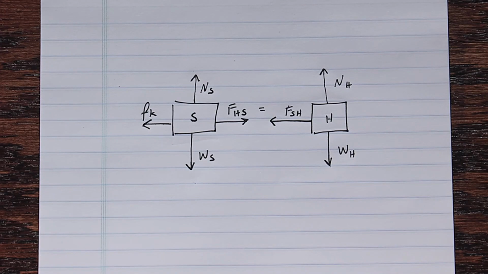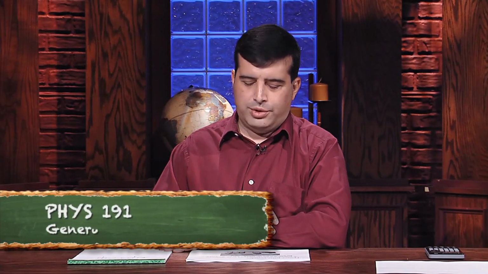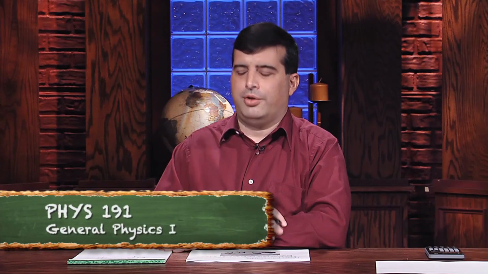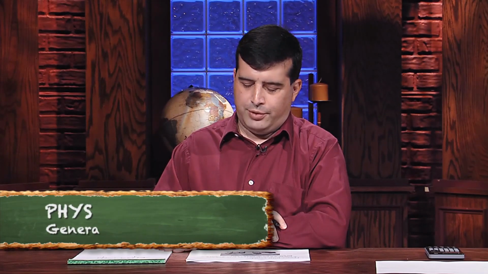Well, we're not done with the horse yet, and we know that because if the horse is in dynamic equilibrium, there must be a force pushing forward on the horse. What could that force be? Well, how does the horse move? The horse moves by pushing on the ground. The horse exerts a force on the ground, but that's not a force on the horse. That's a force on the ground.